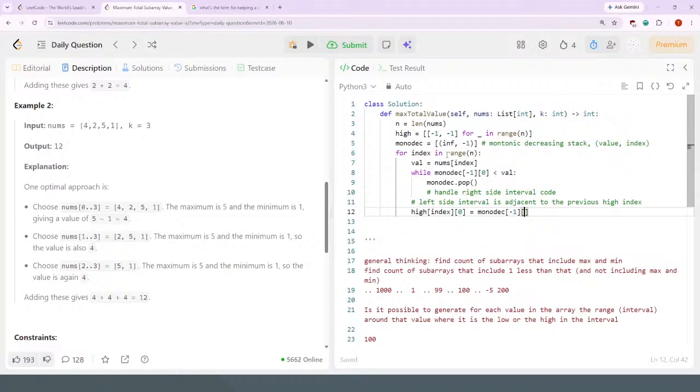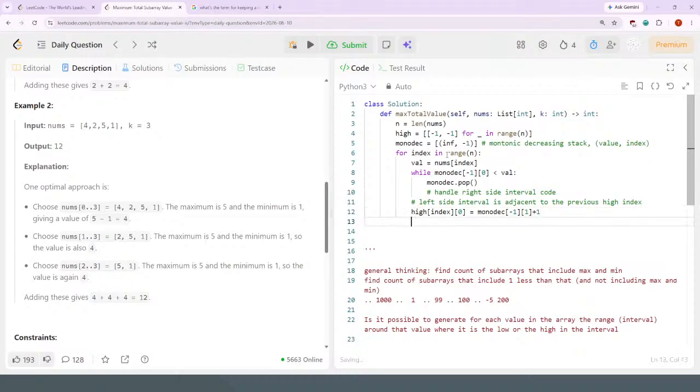So for the current value, this value extends all the way to the previous value's index plus 1.